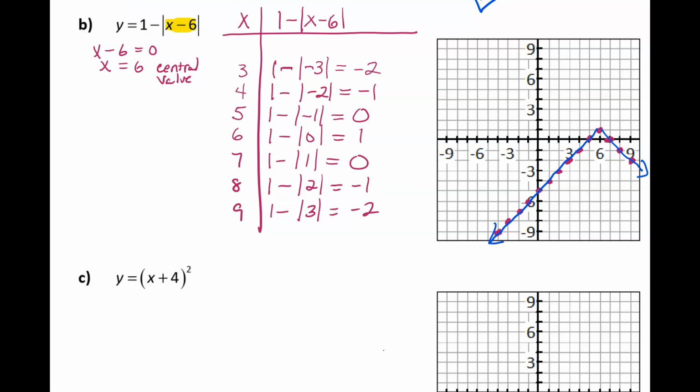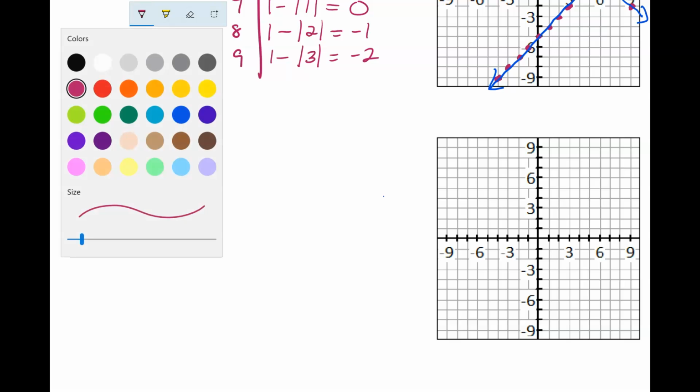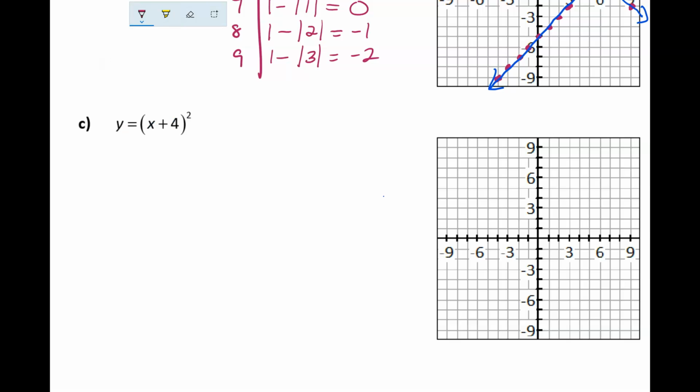And now we'll examine a quadratic, or a function with a square in it. So again, we have this parentheses x plus 4. So I'm thinking about what makes the inside of that parentheses equal to 0. So if x plus 4 is equal to 0, then x equals negative 4 is going to be my central value.